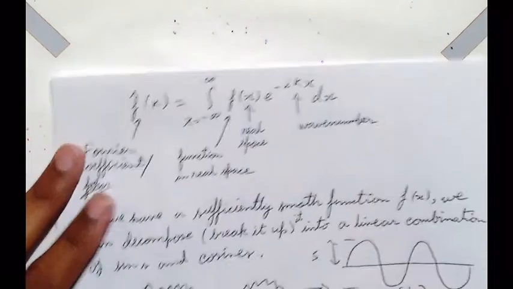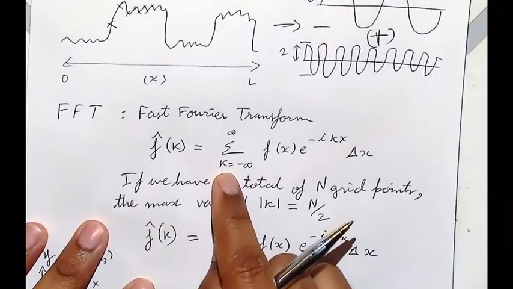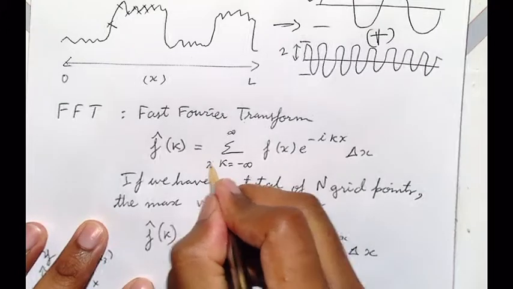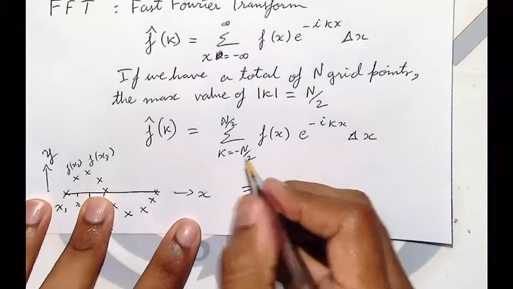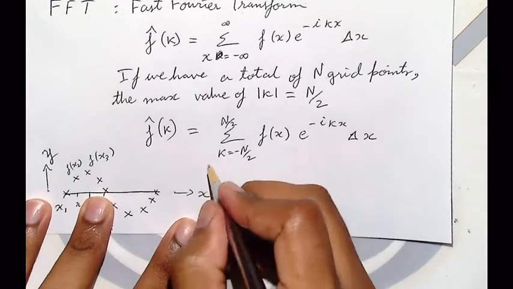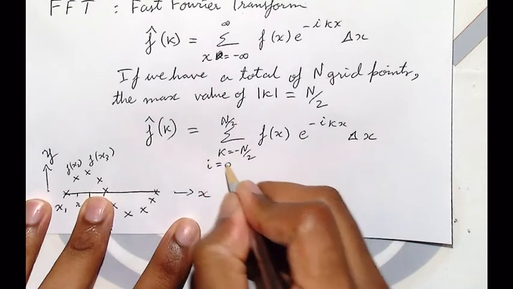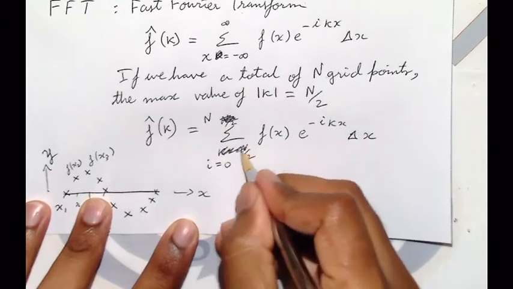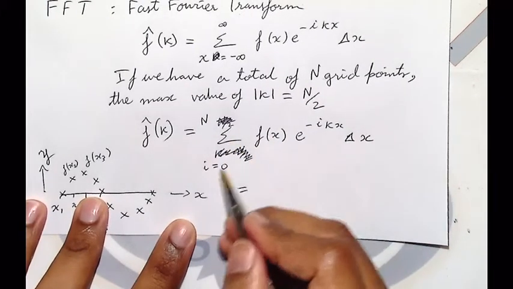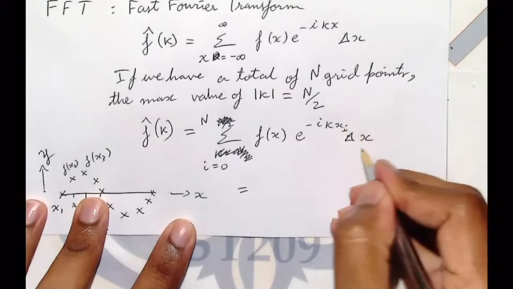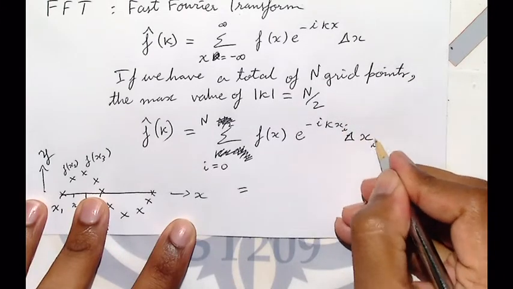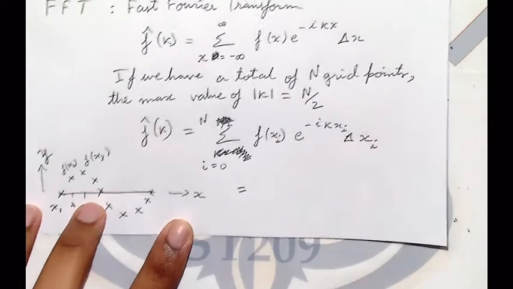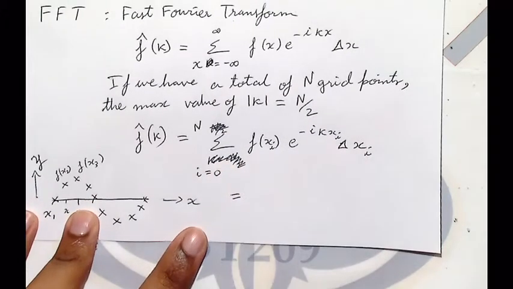I've written the inverse transform. It should be i equals 0 to... The thing I wrote would be valid for an inverse transform, not for a forward transform. So let's say this is kappa i, and this is delta x i, f of x i. Okay. So we have the formula, we just plug stuff in.